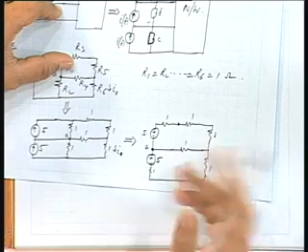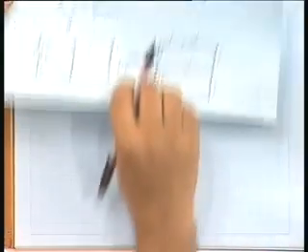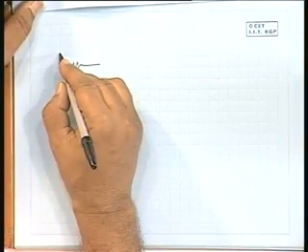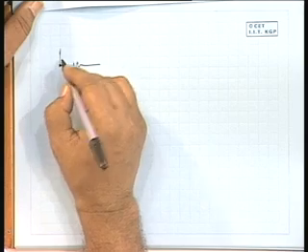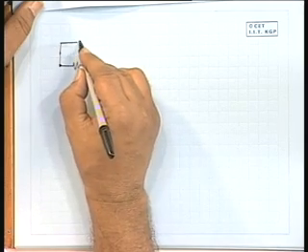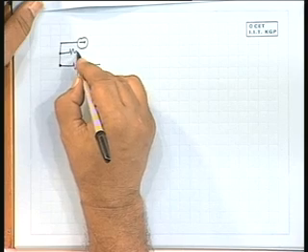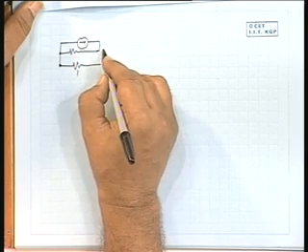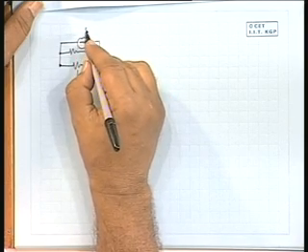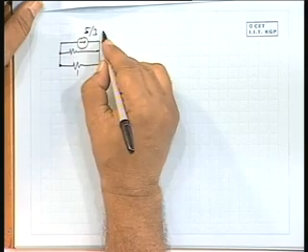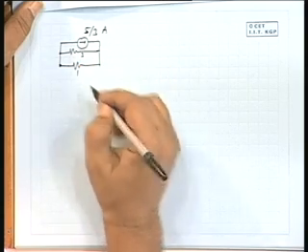So, I can replace it again by a current source and resistance. How much is that resistance? This is 5 by 3 ampere and 3 ohms.